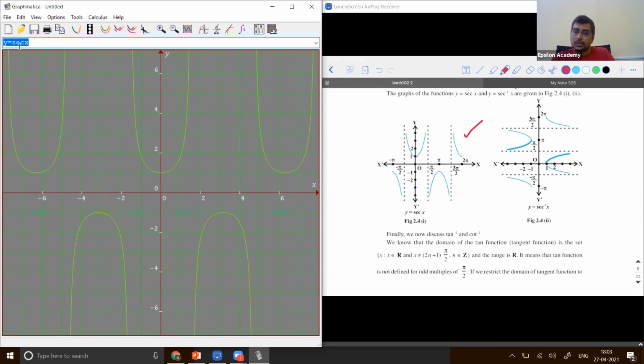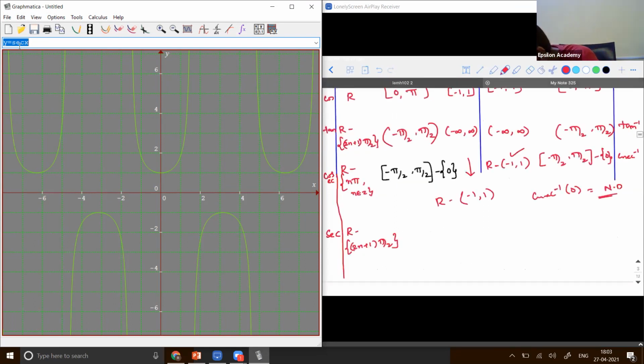Since it increases continuously. Perfect. So between 0 to pi, it is increasing. So the restricted domain is going to be 0 included or not? Included, sir. The restricted domain will be 0 to pi except what is falling under 0 to pi?